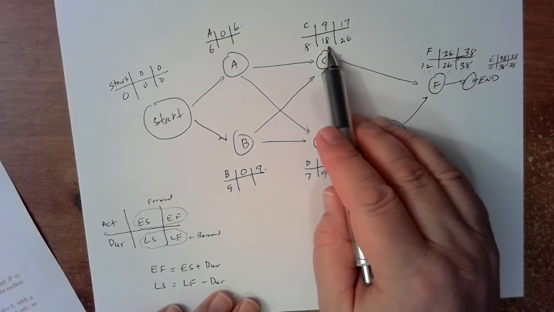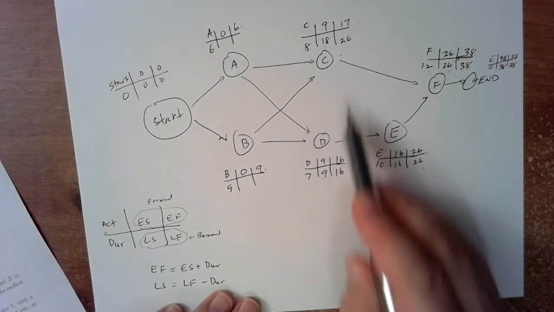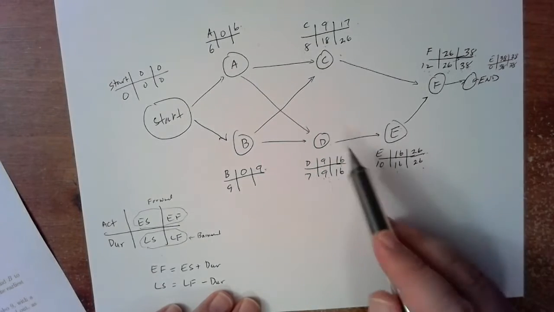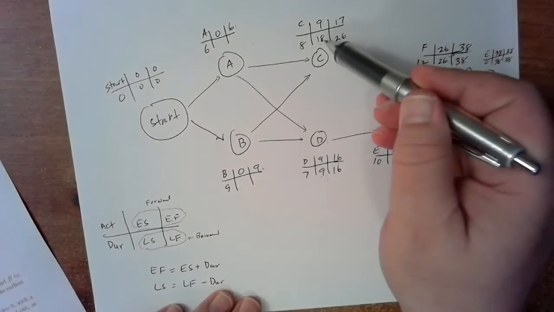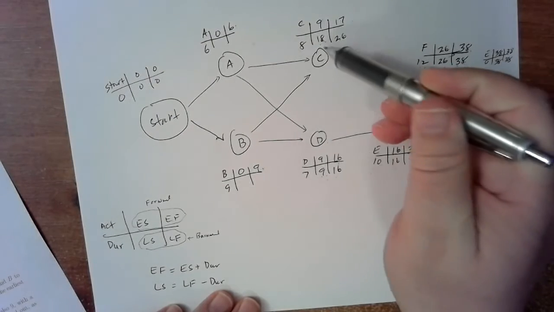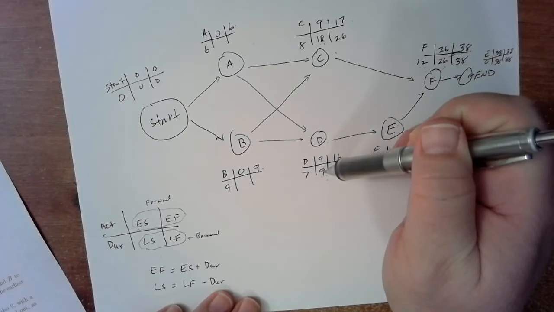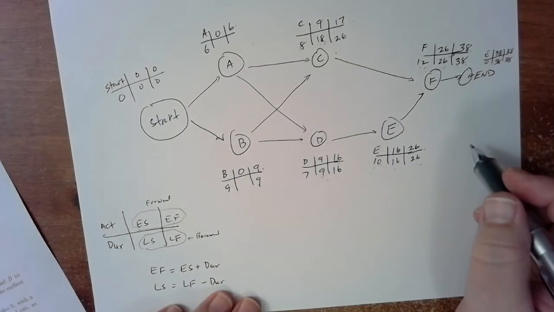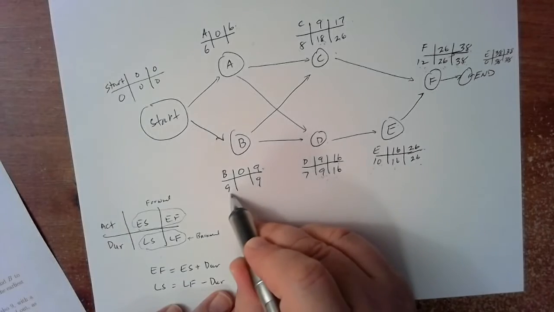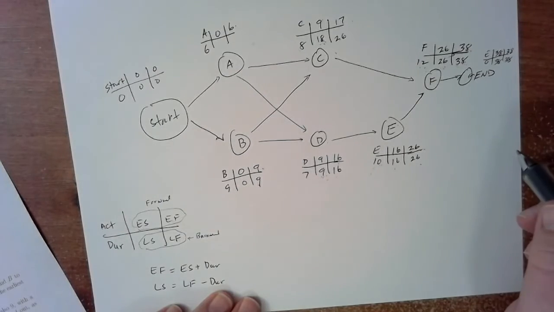Well, it doesn't have to be 18, right? Because there's time between time 9 and time 18 where nothing's happening. So B could start as early as the minimum of these two. And so therefore, it would be the 9 in this case, right? And then we would take away 9 for the duration, and that would be 0.